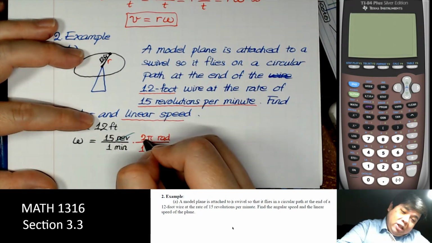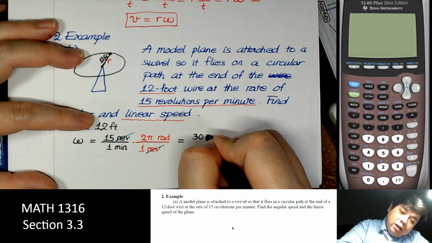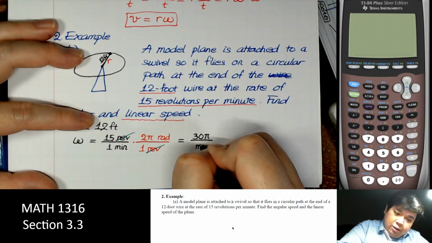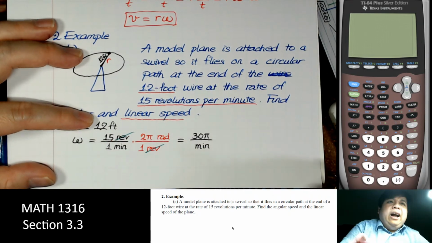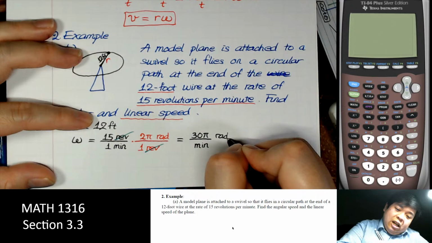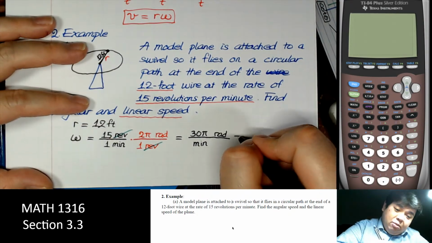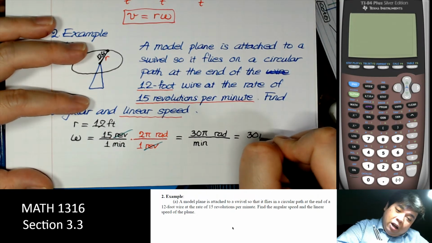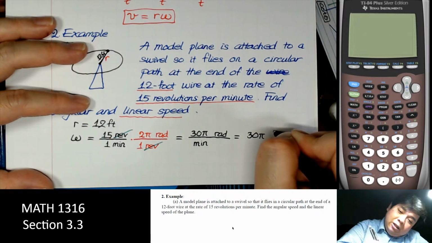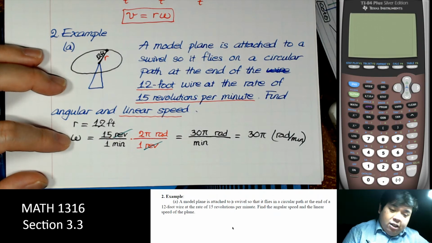So we have 15 times 2 pi, which is 30 pi per minute. And then of course, the radian there. The radian we can just put in or take out at our choice. So we say 30 pi radians per minute. That is the angular speed.